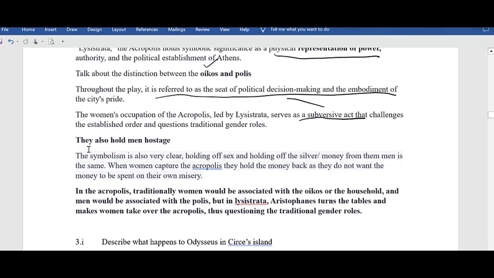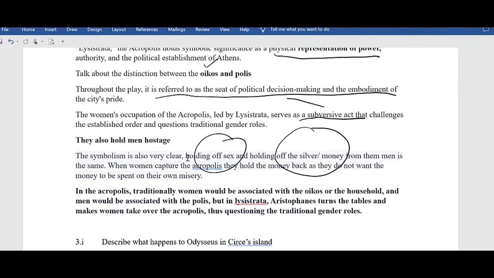They are also in the Acropolis, they hold men hostage. The symbolism is therefore very clear in the play, that by holding off sex and holding off the power and money through the Acropolis is the same thing, because in both the acts the women are finally subverting the power equation.